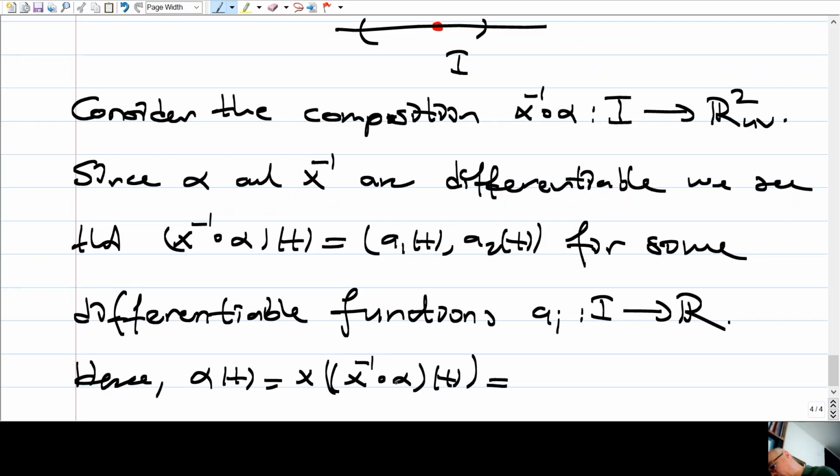Okay, so this is just X of a1t a2t, right? Here X and X inverse cancel each other, therefore this is equal to alpha t. But on the other hand, this is just equal to a1t a2t, so this is just X of a1t a2t. So this finishes the proof. Okay.